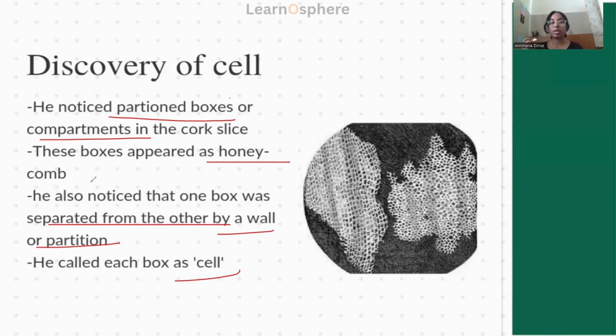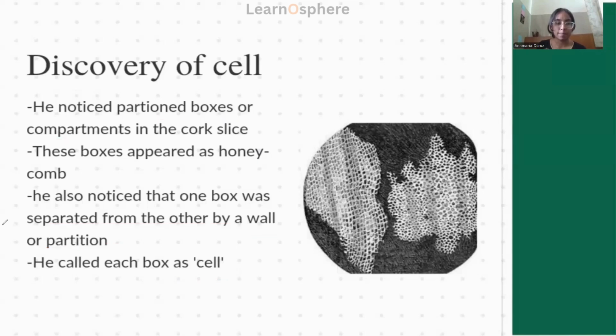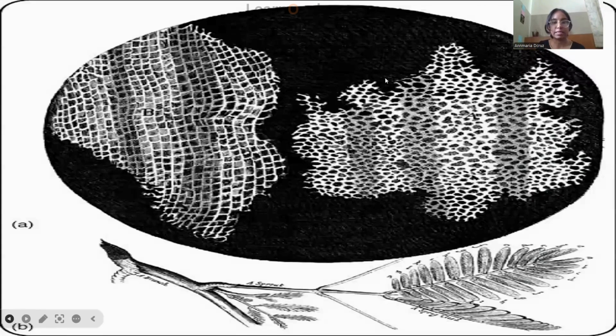Okay, but in these boxes, if you see, I'll show you the diagram. In these diagrams, these boxes are empty.